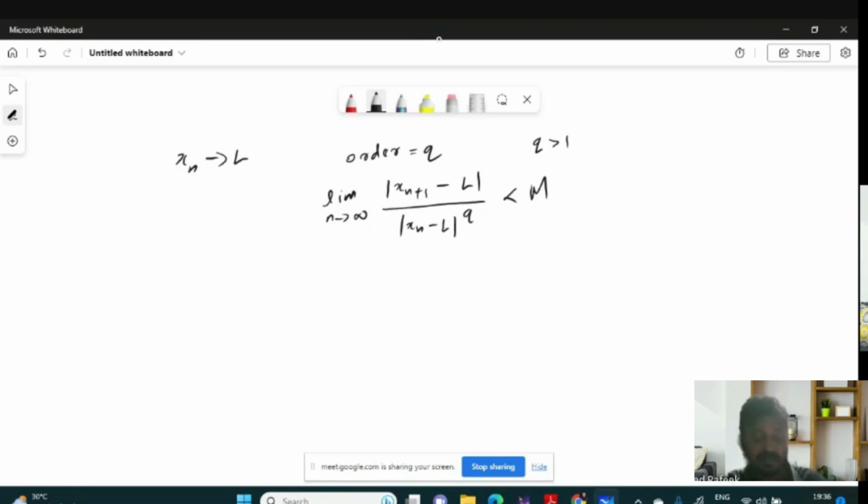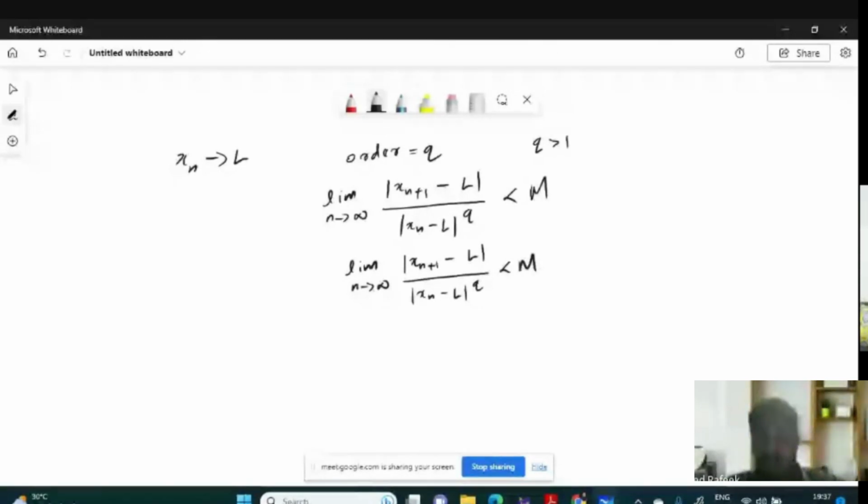That means it should be less than m for some positive constant, not necessarily less than 1. No need to be less than 1. Quadratic means you have the condition like this: limit n tends to infinity modulus of x n plus 1 minus L divided by mod x n minus L whole power q should be less than m. Now you can verify with the different options.